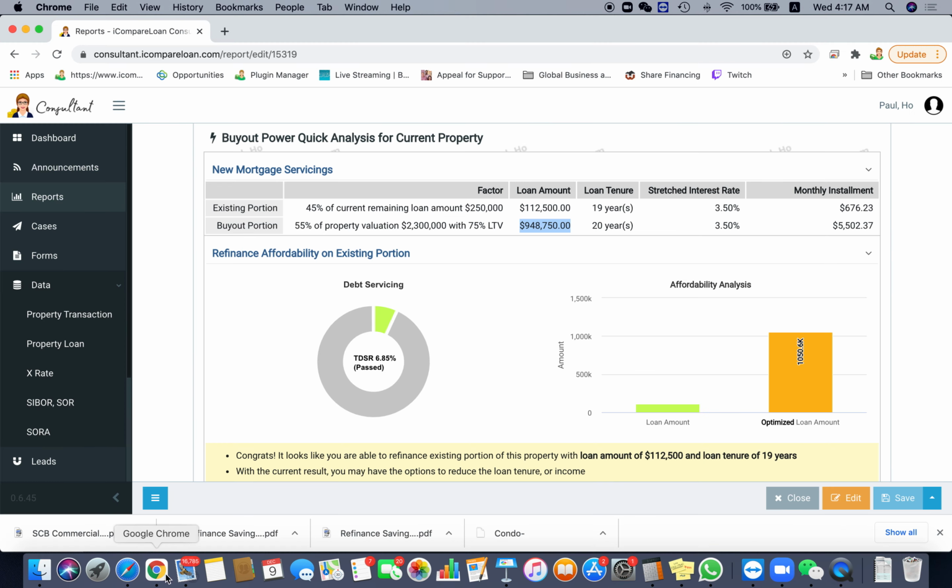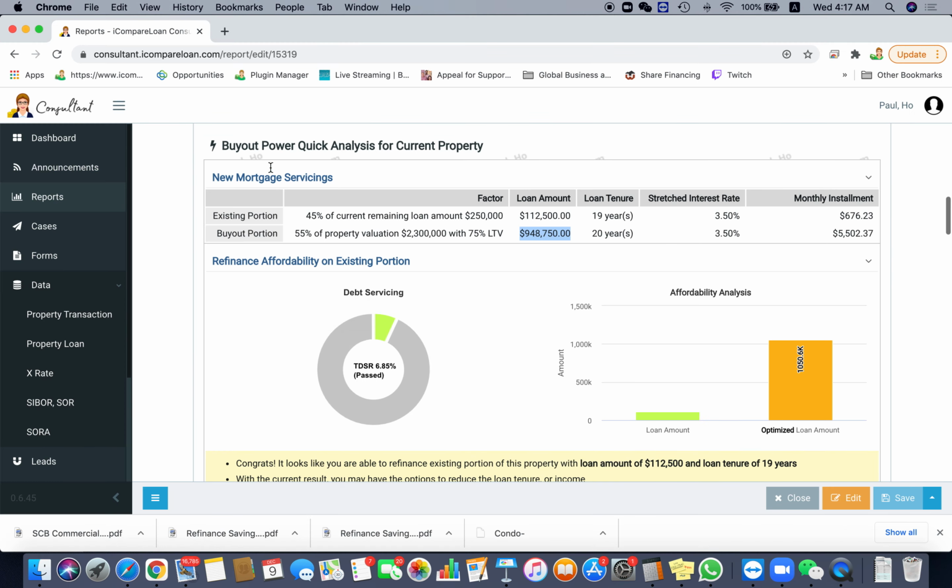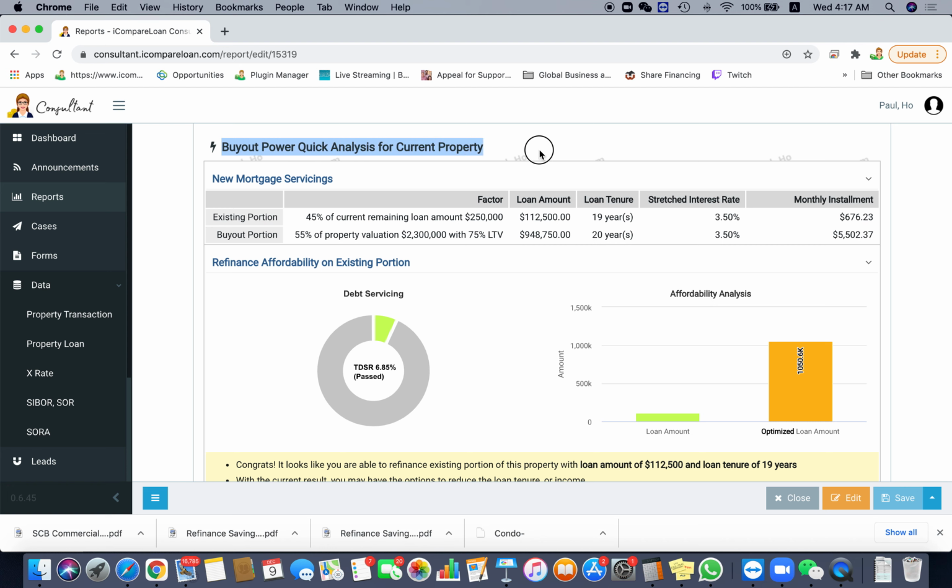And then let's have a look at the buyout power quick analysis for the current property. What does it mean by buyout? Because John is the buyer, in this case John owns 45% of the current remaining loan amount of 250, right? Earlier in the PowerPoint, we said that John's share of the outstanding loan of 250K is 112,500.